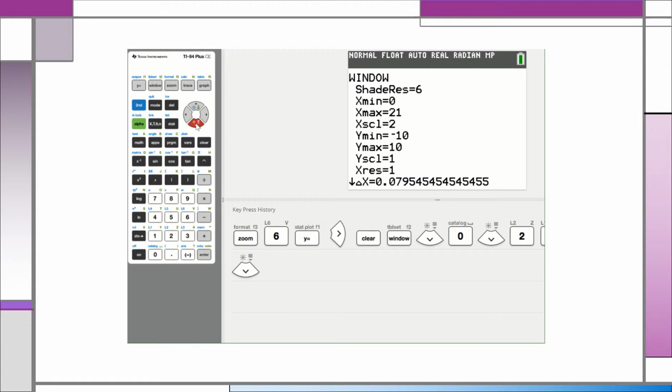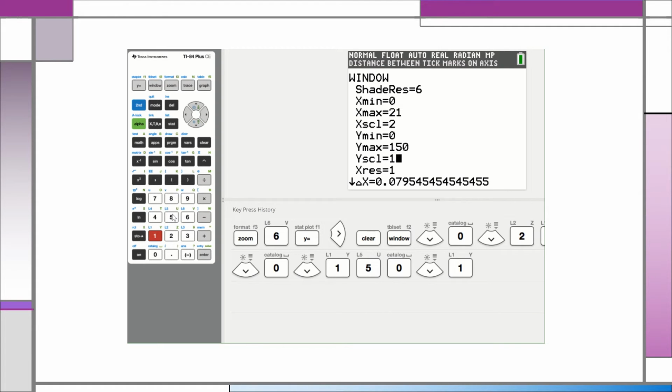On my Y minimum, I'm also going to set it equal to 0 because I shouldn't have less money than what I started. I chose 150 for my max, though I probably could have chosen 130. And then I'm going to change my Y scale to 15.